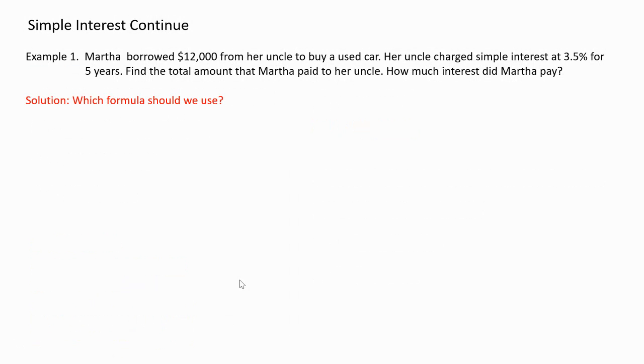Okay, so which formula should we use? Is it INT equals present value times interest rate times time, or the future value formula? Doesn't matter. No, it doesn't. In this example, I'm going to use both just to show you that it doesn't matter which formula you use.